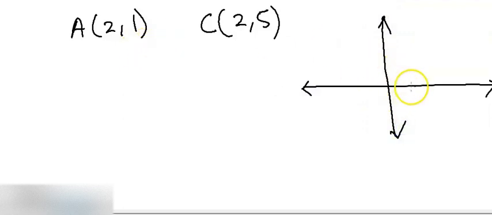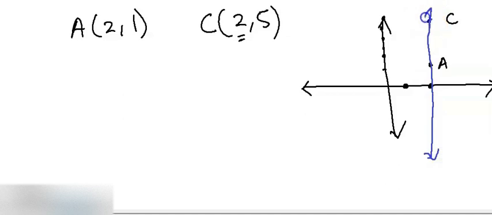This is 2 comma 1, this is my 2 comma 1. Where is 2 comma 5? The x coordinate is the same, but y is 5. 2, 3, 4, let's say this is 5, so it is over here. So this is point A and this is my point C. The line should look like this.